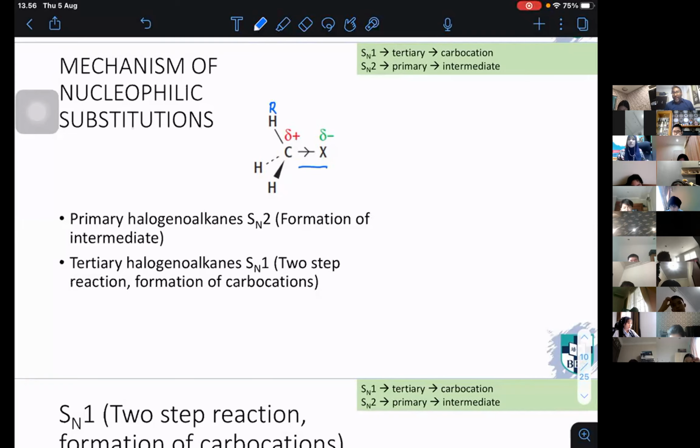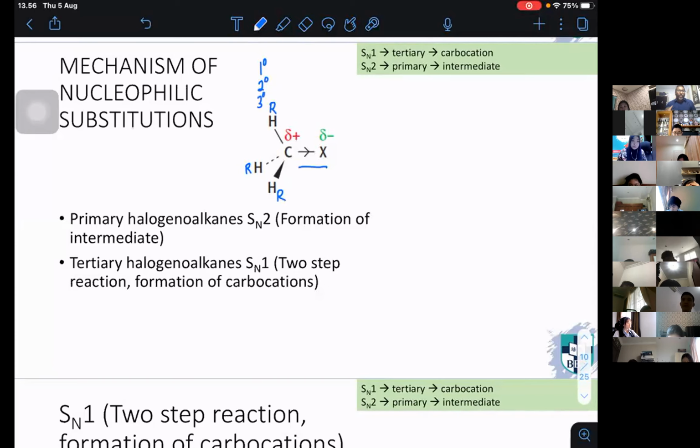If you have one R group, that is known as a primary halogenoalkane. If you have two R groups, it's a secondary halogenoalkane. If you have another R group, then it's a tertiary halogenoalkane. So R here cannot be hydrogen.